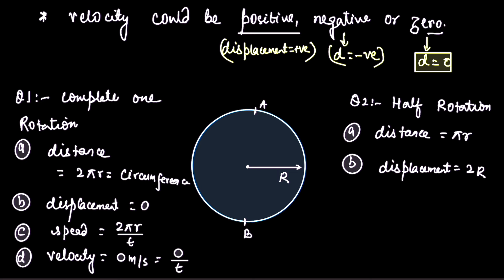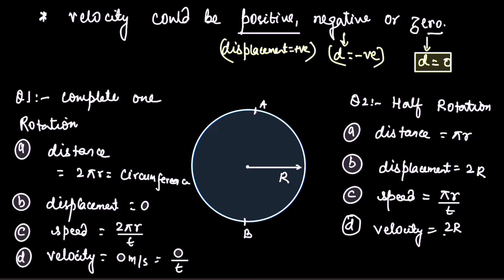So 0 by t is 0. In question 2, if we have to find the speed, so speed is equal to pi r by t and the velocity is equal to 2r by t. By this example, I hope that you understood the concept of distance, displacement, speed and velocity.